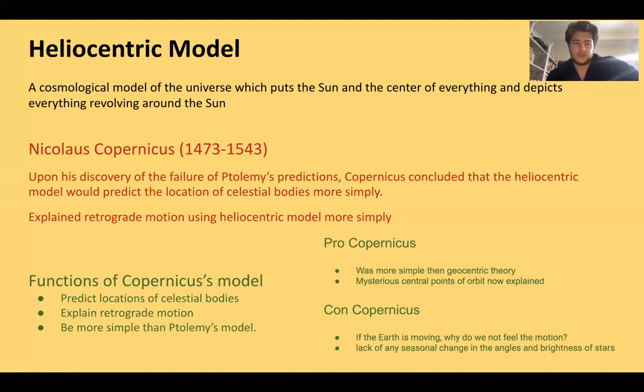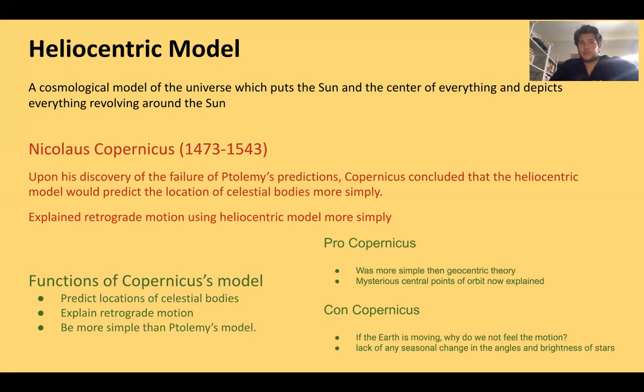So to recap, Copernicus' model predicted locations of celestial bodies, more simply, and explained retrograde motion, more simply. It also did away with the mysterious central points around which the revolutions were fixed, the deferents in the epicycles.